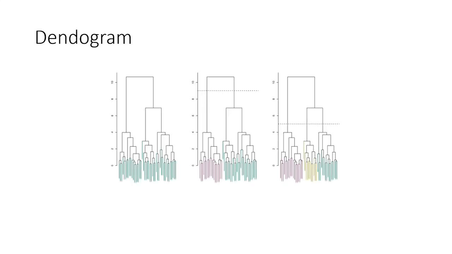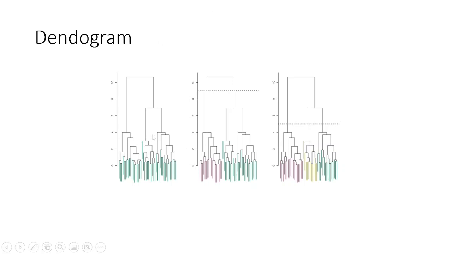The resulting output from the hierarchical clustering technique can be seen in terms of a dendrogram. Okay, so in the dendrogram you have the cutoff value on the vertical axis here. Your number of clusters depends on your cutoff value.